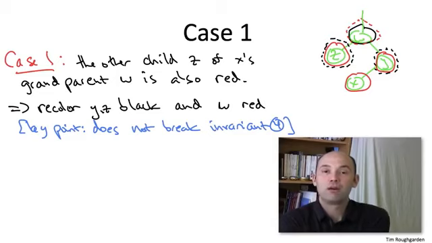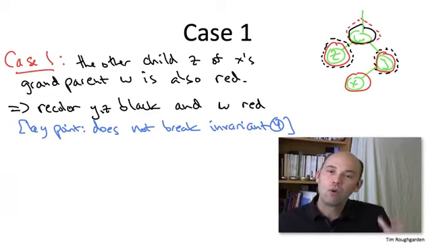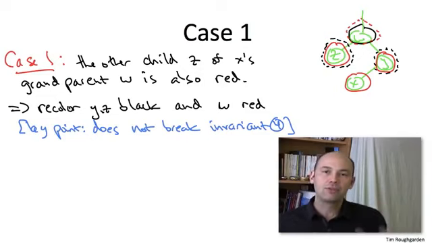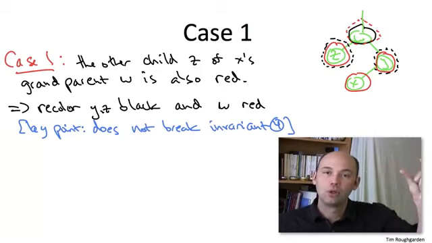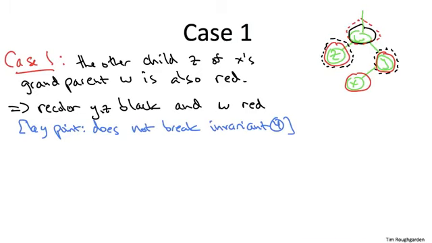Of course, if W's parent was black, then we're good to go. We don't get a double red by recoloring W red, so we have no double reds in the tree, and we can just stop. Summarizing, this recoloring preserves the 4th invariant, and either it restores the 3rd invariant, or if it fails to restore the 3rd invariant, at least it propagates the double red violation upward into the tree closer to the root.